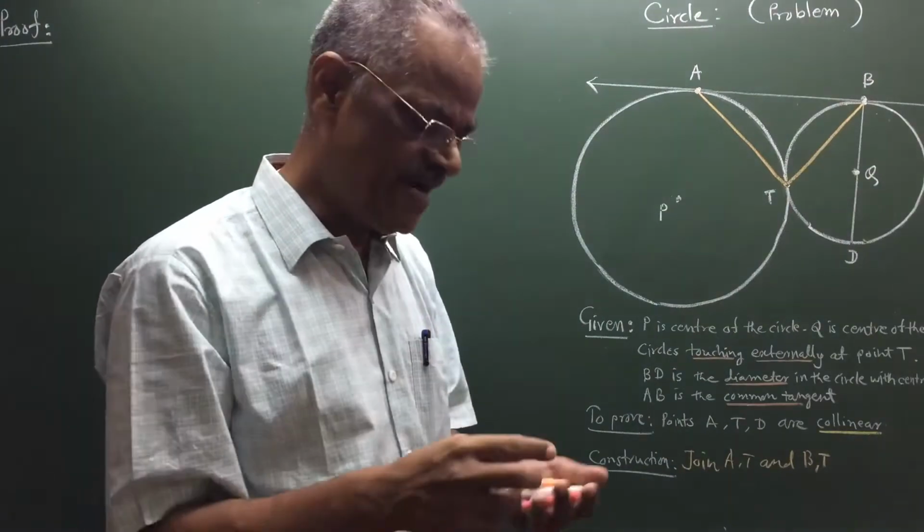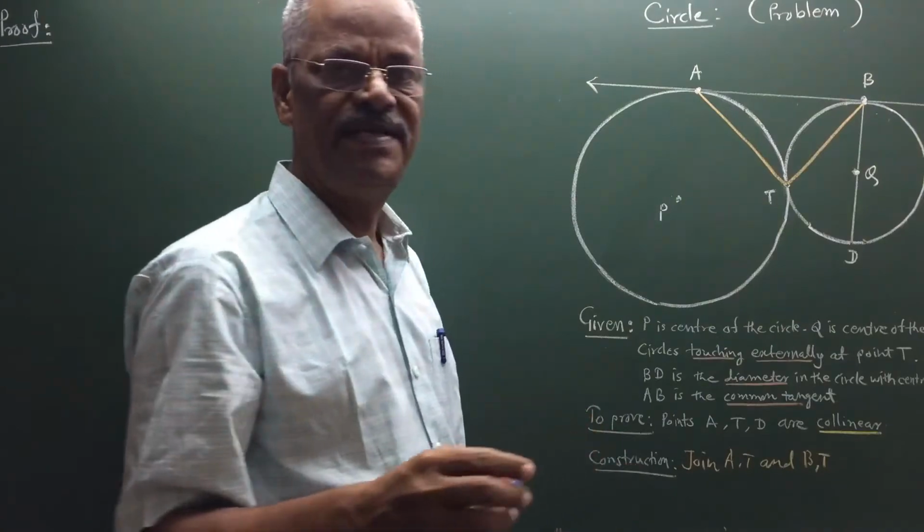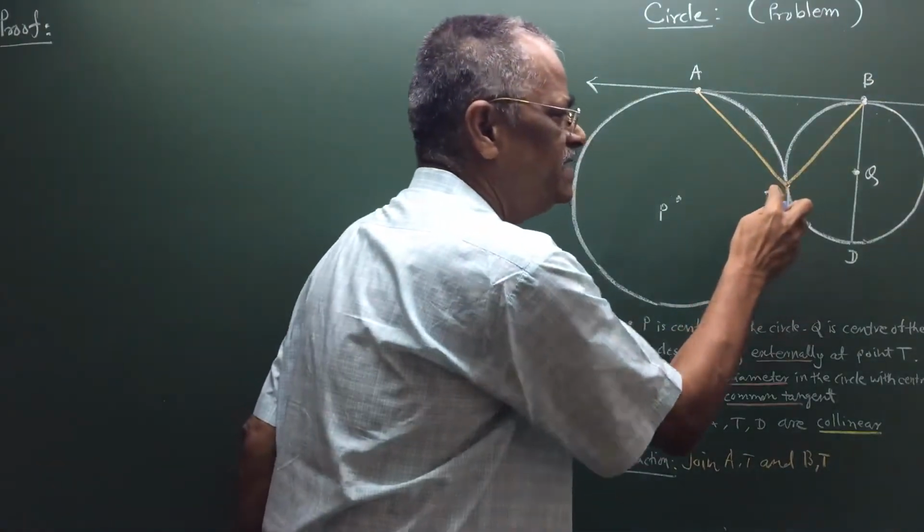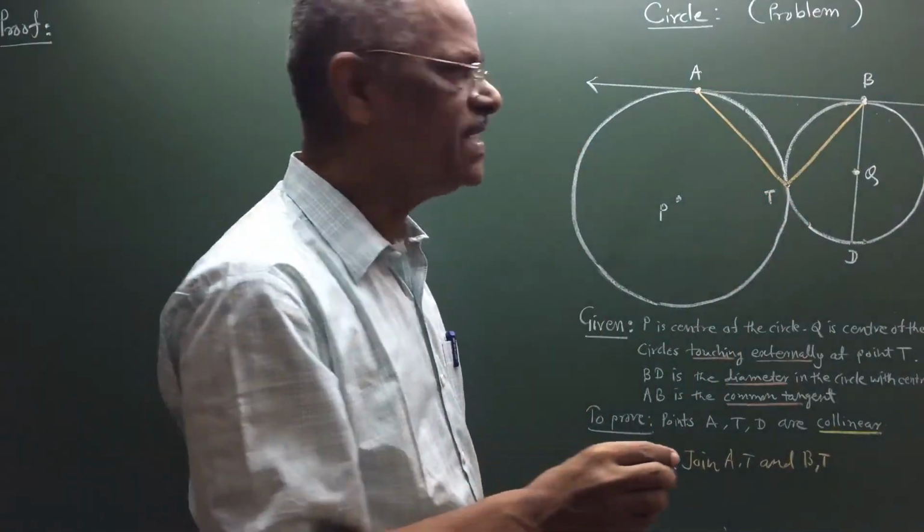And if we use that common tangent, T is the common point where the circles touch.